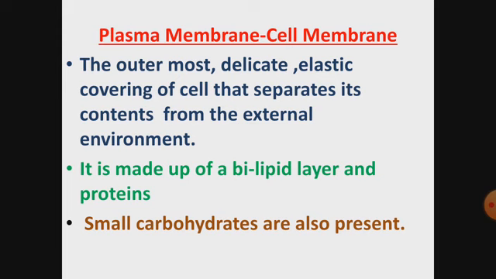It is made up of bilipid layer and protein. So it has lipids, that is fat, which is two layered, and some proteins are also embedded in them, and some carbohydrates are also there. So what is the composition of plasma membrane? It has lipids plus proteins plus carbohydrates.